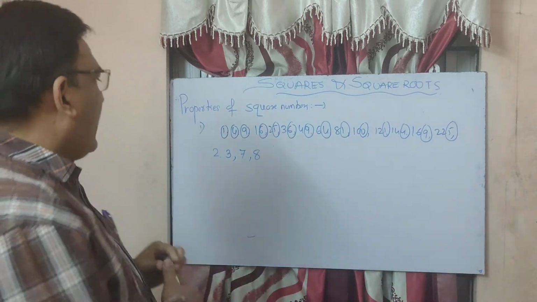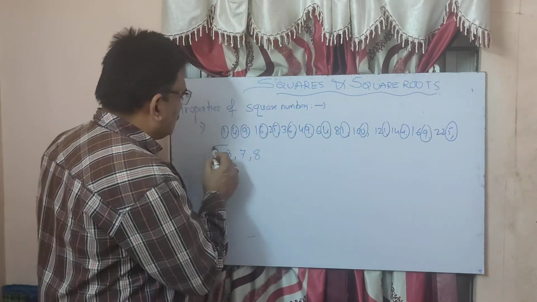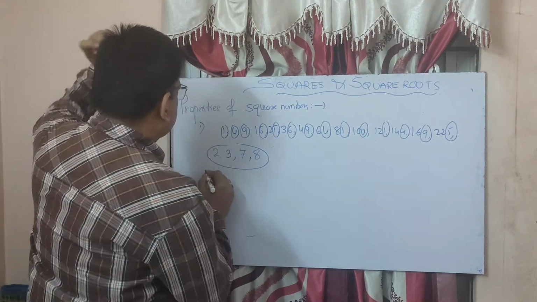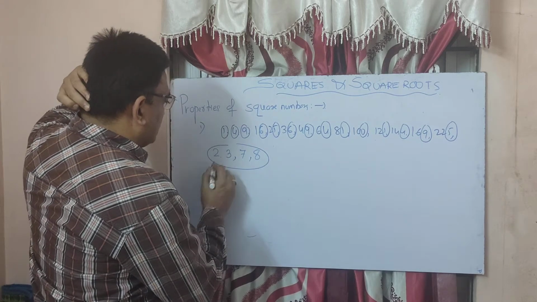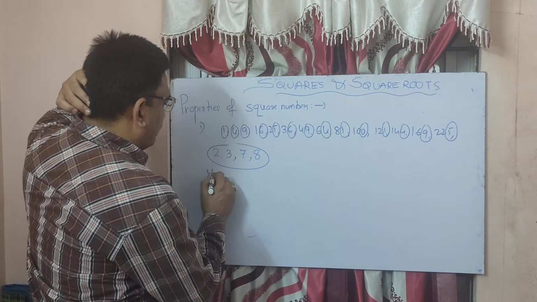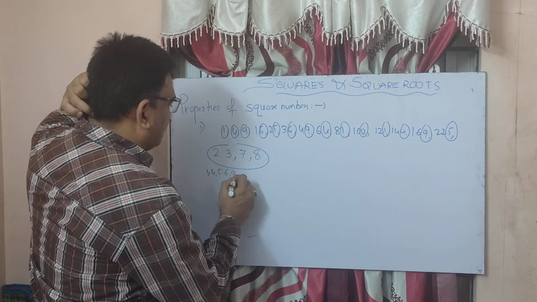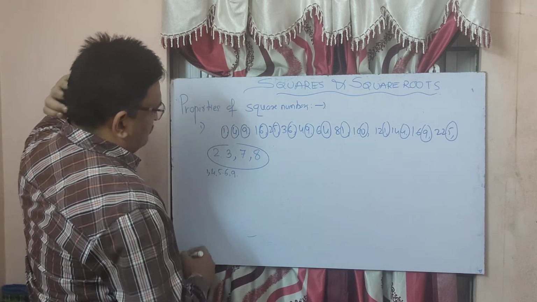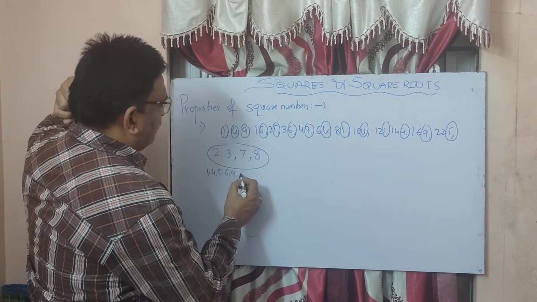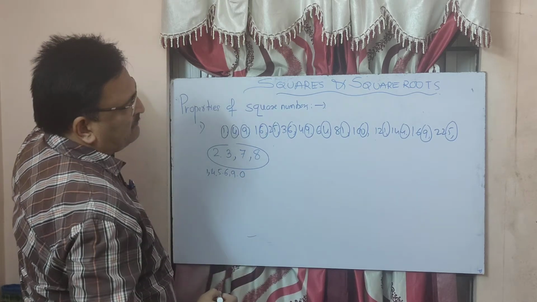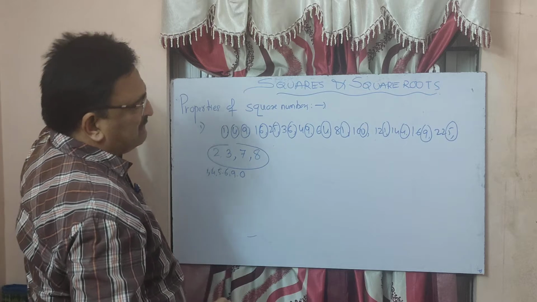If other than 2, 3 and 7, 8, what are those numbers? 1, 4, 5, 6, 9, and even 0 also.